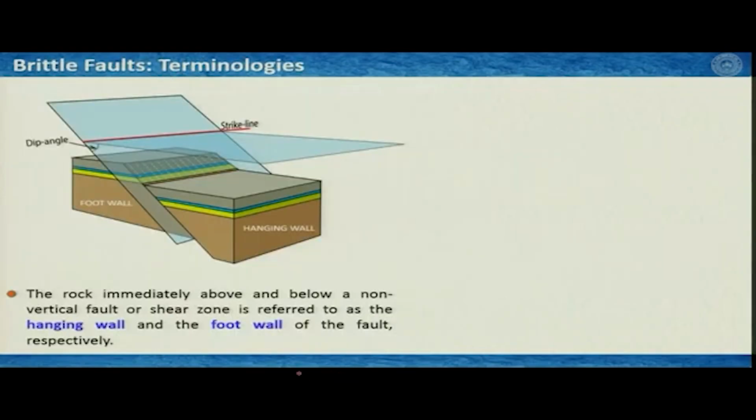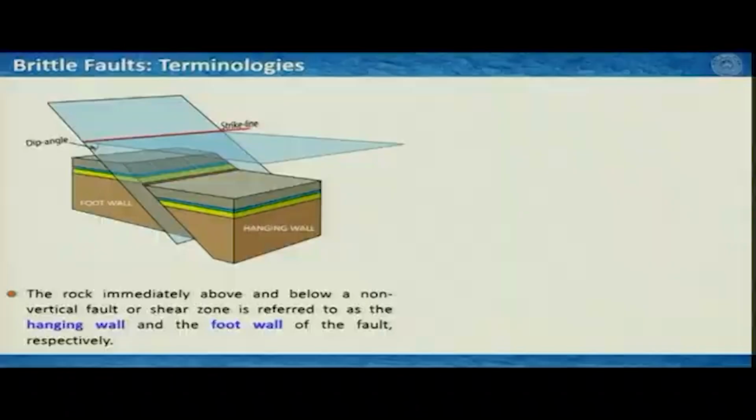Now, let us talk about the brittle faults and their terminologies. Now, faults, as we have defined, are fracture discontinuities. So, the discontinuity must represent a plane, and if we have a plane, then as a structural geologist, the first thing is we have to understand what is the strike and dip of this particular plane.